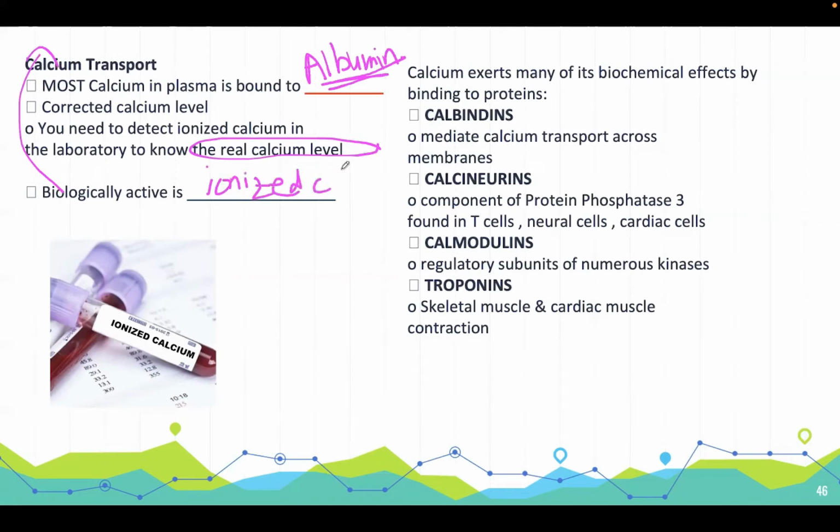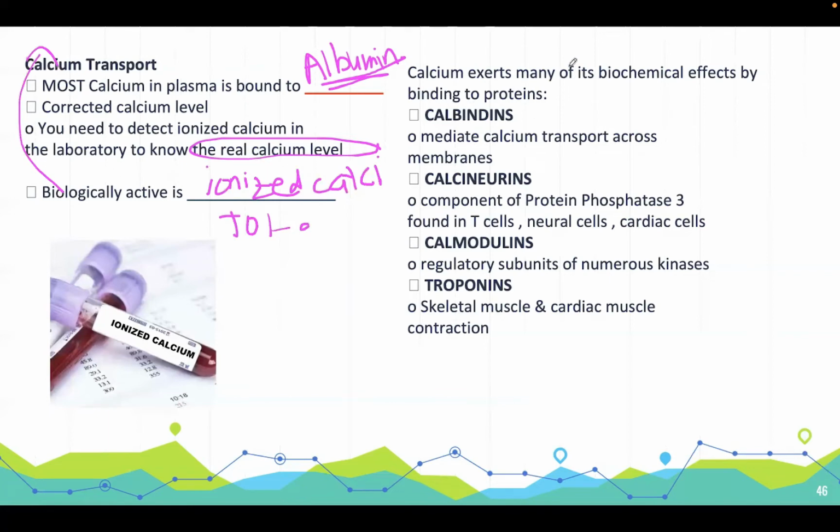Okay? May mga instances na measure pa rin naman po si total calcium. But if you wanted to know the corrected calcium level, ang kailangan na po talaga natin ipatest dyan ay yung calcium, ionized calcium, because it is the biologically active form of your calcium.